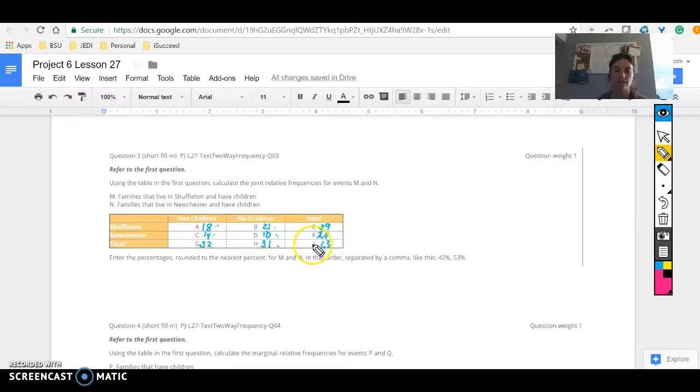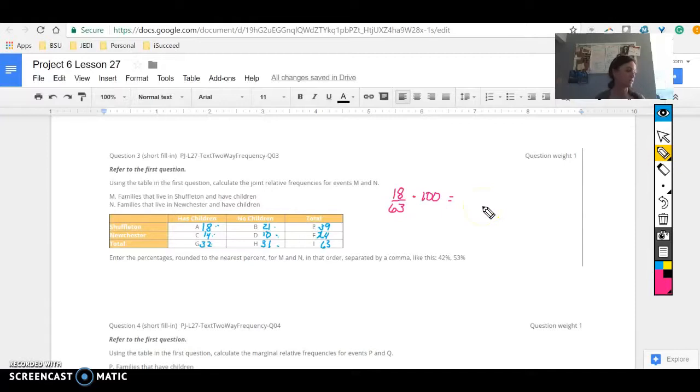And then the chances of that are 18 divided by 63. Okay, because 63 is the total number of families that were surveyed, and 18 of those total families that were surveyed live in Shuffleton and have children. So 18 divided by 63 and then times 100, because we're going to be entering this as a percentage.